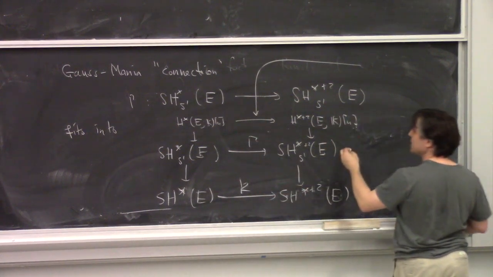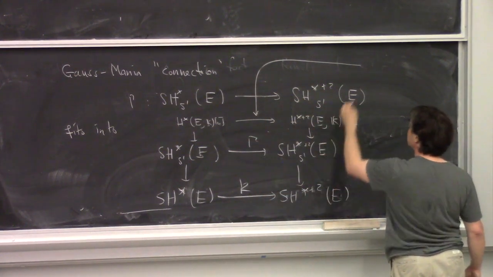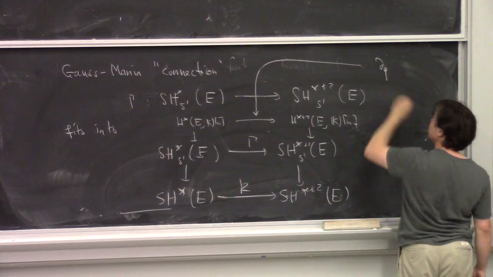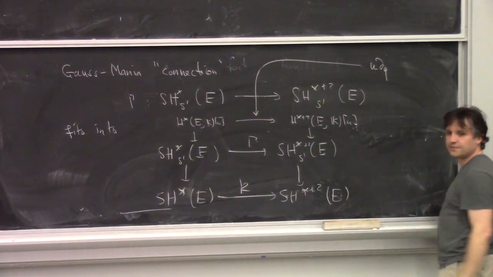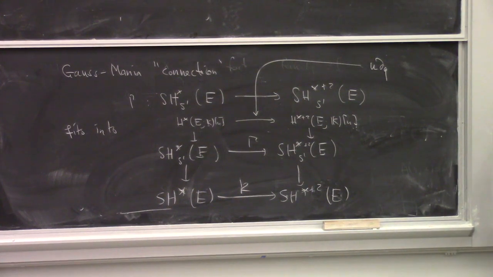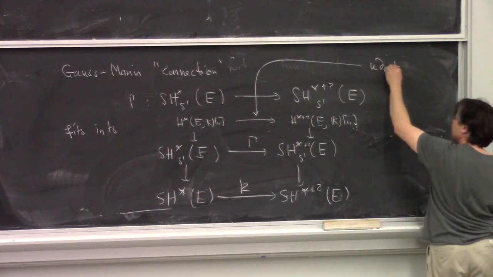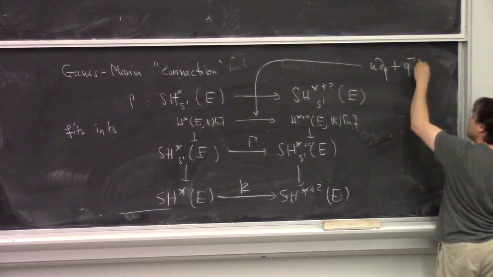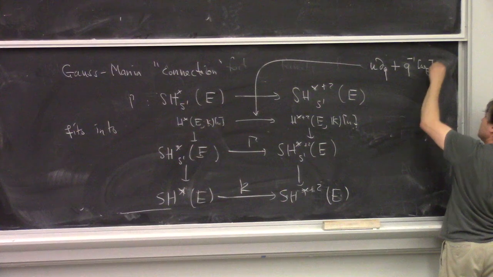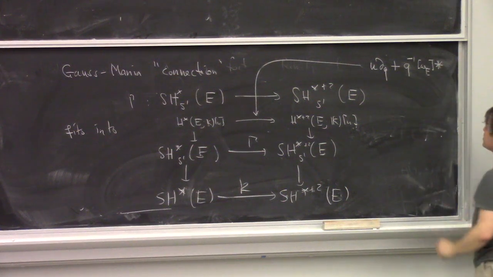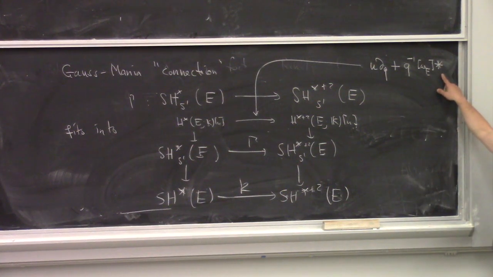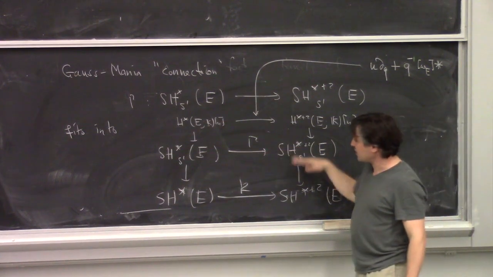If you have an ordinary class, you can just differentiate it by dq and multiply by u. And then you know this from standard mirror symmetry: there's the small quantum product with the cohomology class of the symplectic form. This is what's called the A-model connection. So we have this Gauss-Manin connection.